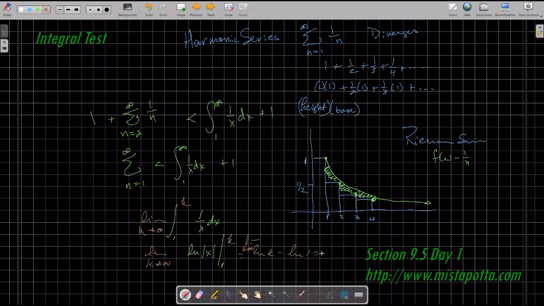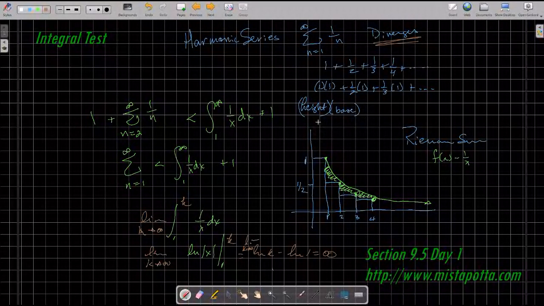But this goes to infinity. And so what happens is if the area under this curve goes to infinity, then the area under the rectangles, because this is something that's smaller than that, should also go to infinity. And so this is why our harmonic series diverges.